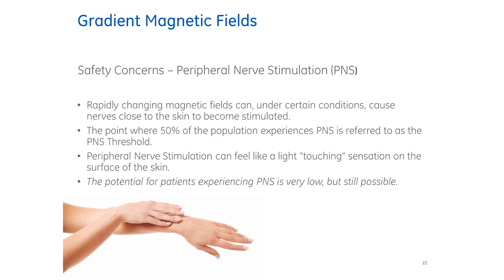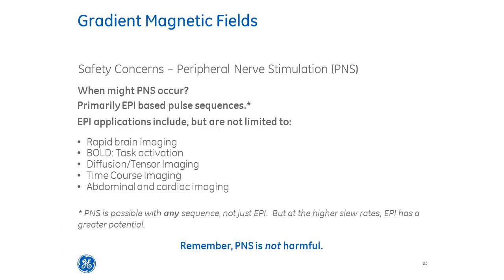The potential for PNS occurring is very low, but it is still possible, and there are contributing factors that can lead to this. And what contributes to this phenomenon? It could happen with any sequence, but we primarily see it with EPI-based sequences, where the gradients are switching very rapidly.